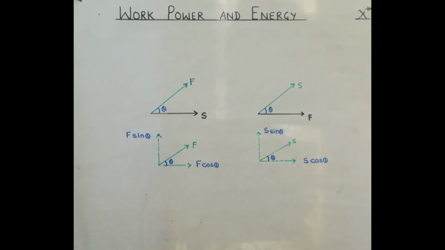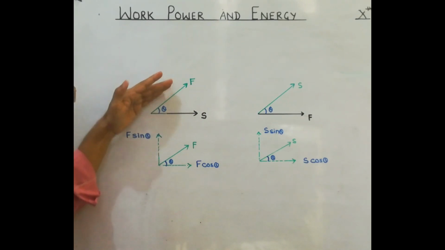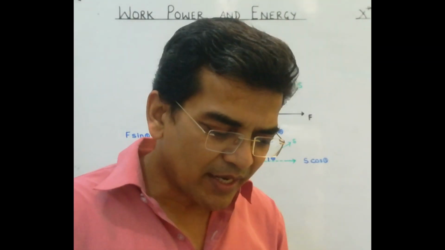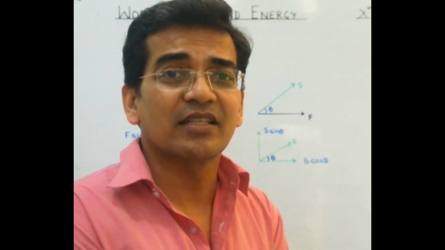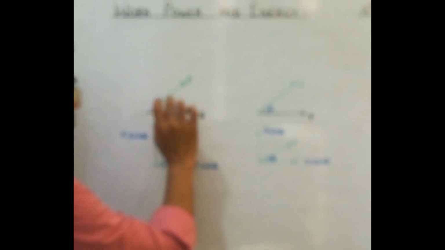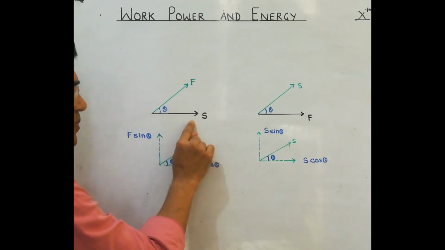Here in the diagram, I have shown you a case when displacement and force are not in the same direction. Actually what we need is the magnitude of force to be multiplied by the magnitude of displacement. But if they are not in the same direction, see in this diagram, this is the direction of force and this is the direction of displacement.